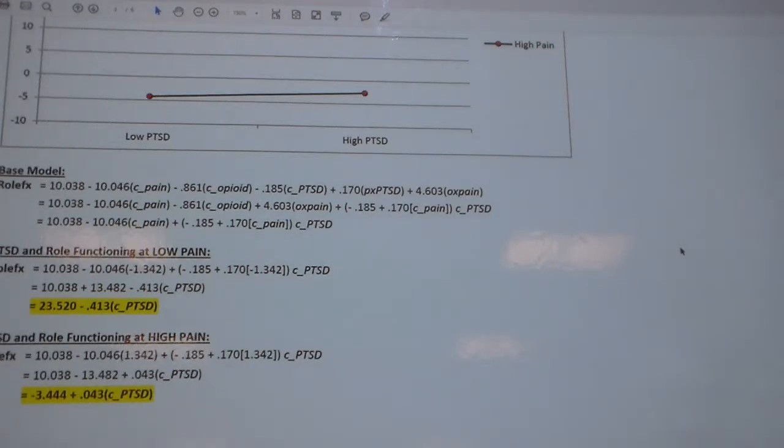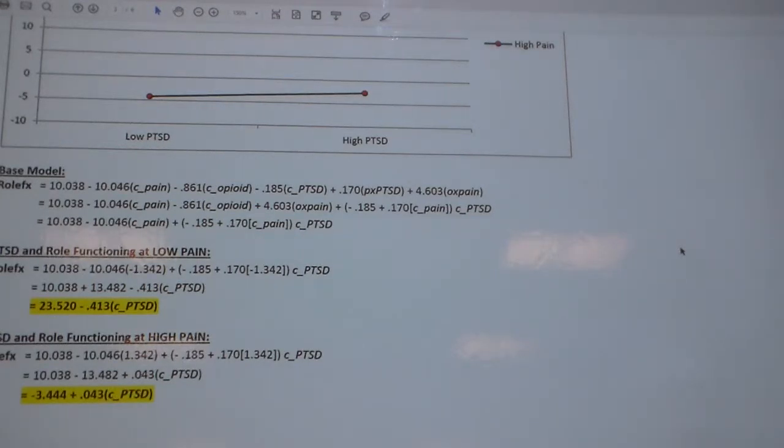And low levels are going to be a standard deviation below. I've centered it, right? So my mean is 0. So low levels of pain are just minus a standard deviation, right? So if I drop in negative 1.342 for pain, negative 1.32 for pain here, and calculate that out, this ends up being my simple slope for the conditional effect of PTSD on functioning at low levels of pain.